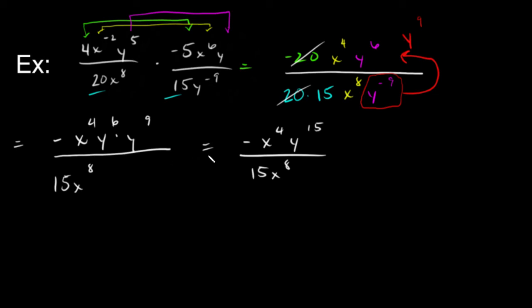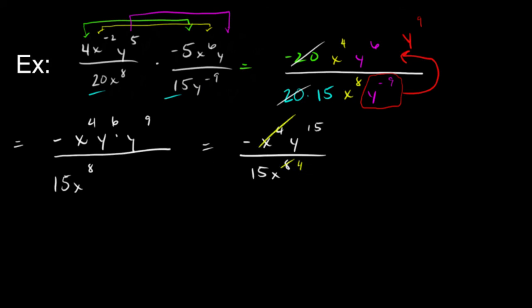So now, the very last thing to do is to combine these x's. I'm going to do the whole thing where I imagine them expanded. If there are 4 of them up here and 8 of them down here, then all 4 of these will cancel with 4 of these down here, and you'll have 4 x's remaining in the denominator. So when these cancel, you'd have x to the 4th down here.